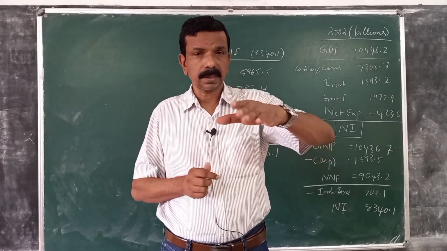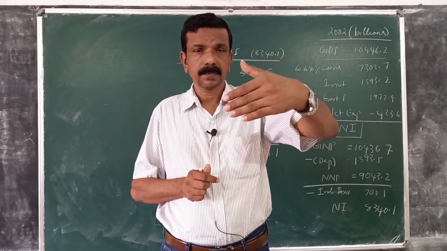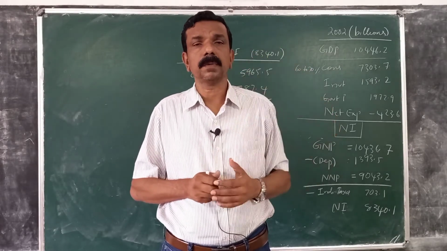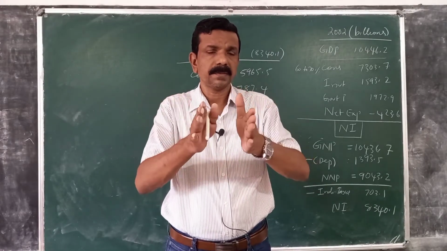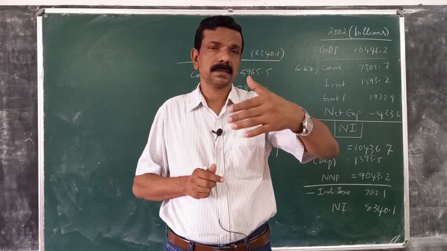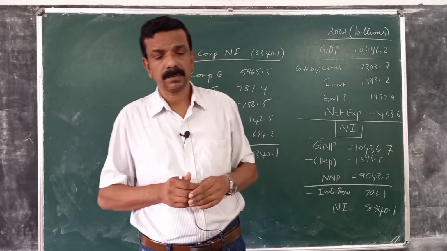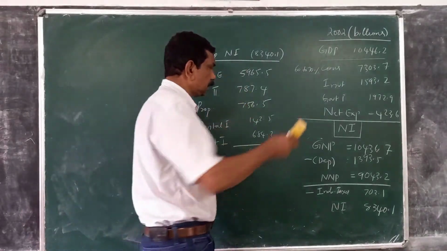But when we use national income accounting for the purpose of developing macroeconomic models, we will make some simplifying abstractions to make our analysis more simple. Now, this is national income.